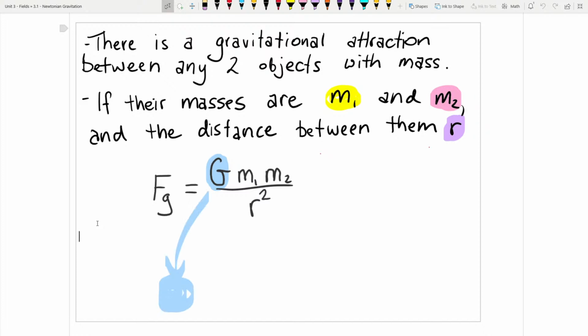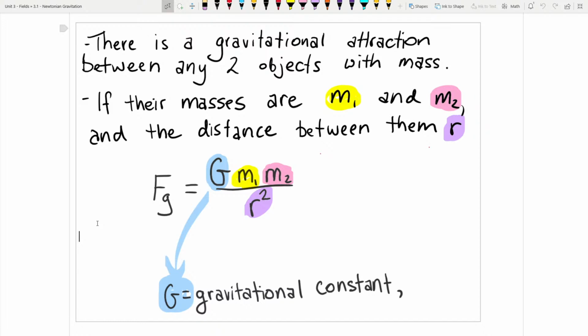And actually, I should color code these others, I guess, since we're here. G is the gravitational constant. And the gravitational constant was solved for simply by setting up these proportions and then solving. We can talk about, it's not quite that simple in practice, but there we go.